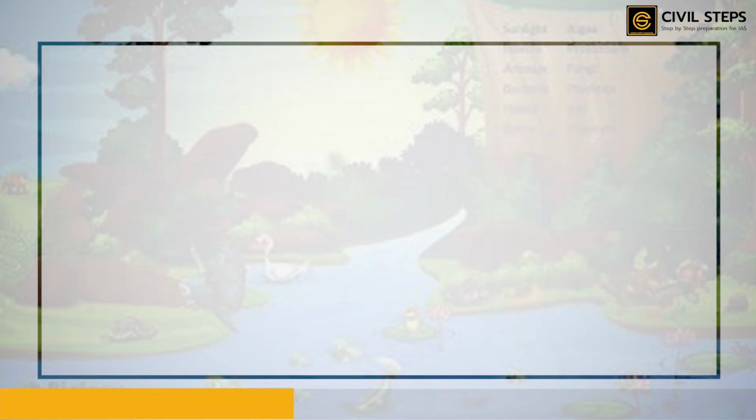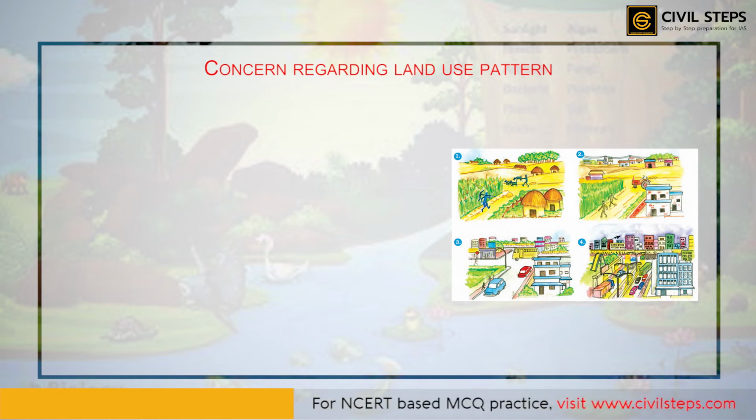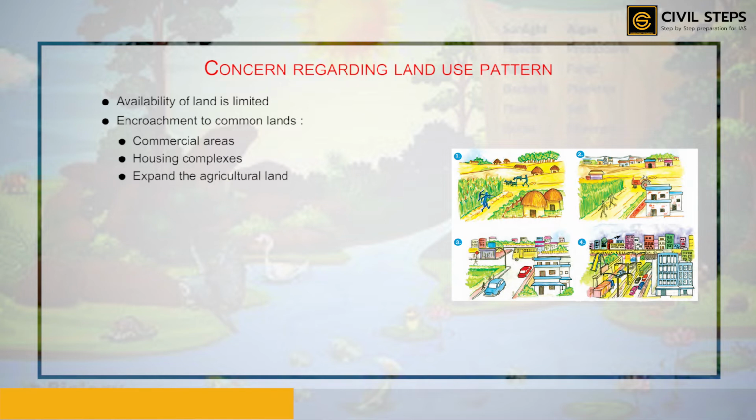Now let us talk about the concern regarding this land use pattern. So firstly, people and their demands are ever growing, but the availability of land is limited. People started encroaching the common lands to build up commercial areas, housing complexes in the urban areas, and to expand the agricultural land or the land under productivity in the rural areas.